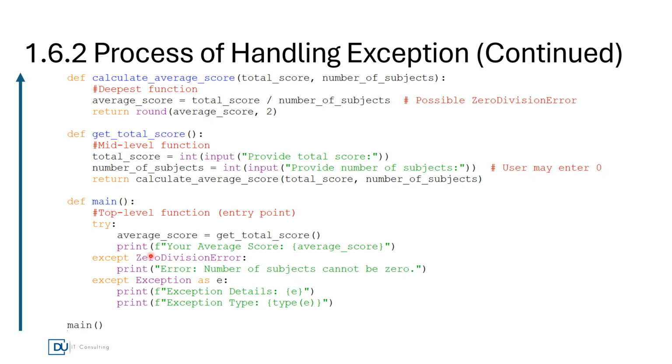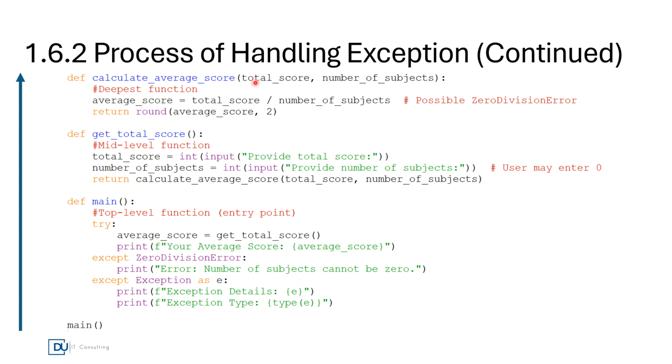Now within the try block, I'm calling another method called get_total_score, which is shown here. This is another intermediate function. In this method, I'm getting the total score from the user, and then I'm also getting the number of subjects from the user, and then I'm calculating the average by calling the calculate_average method, which is the deepest method that we have here.